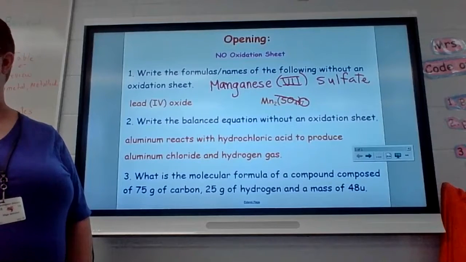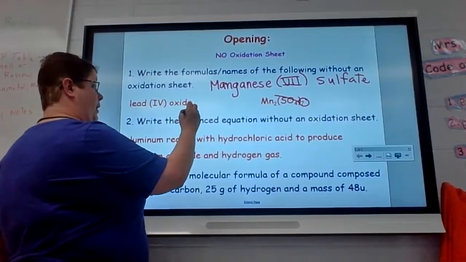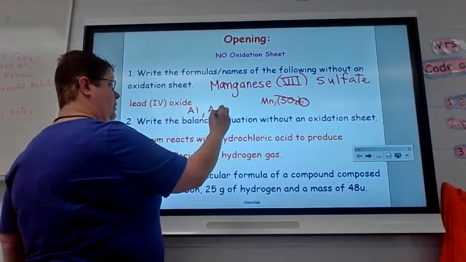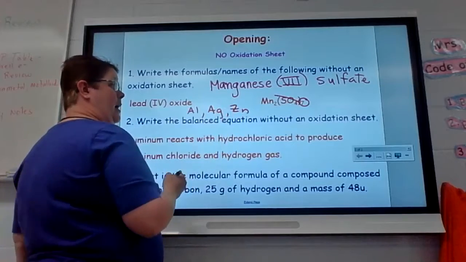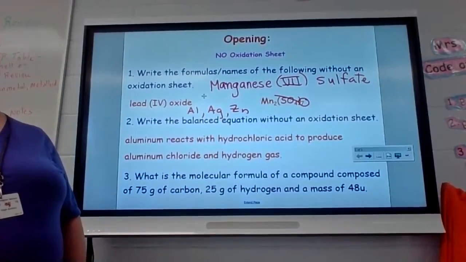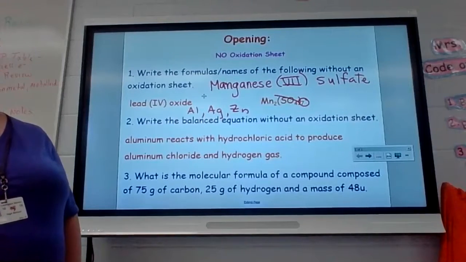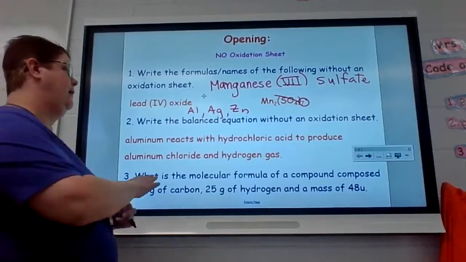And what are the other 3 elements that I listed? Aluminum, silver, and zinc. Those 3, and group 1 and group 2, get no Roman numeral. If you're not one of those, you have to have a Roman numeral. Everybody remember that? Yes. Okay.